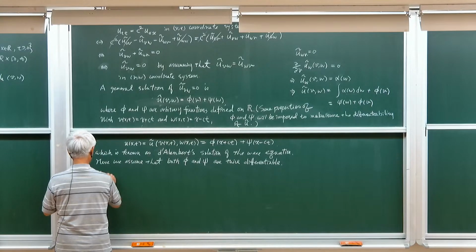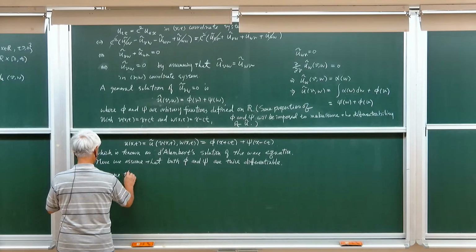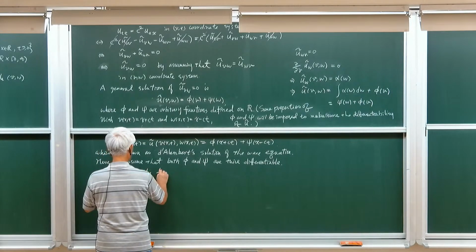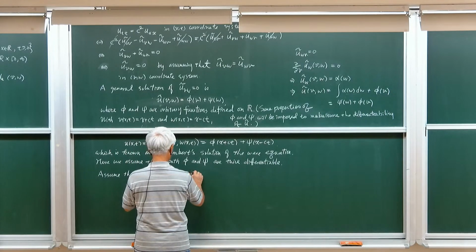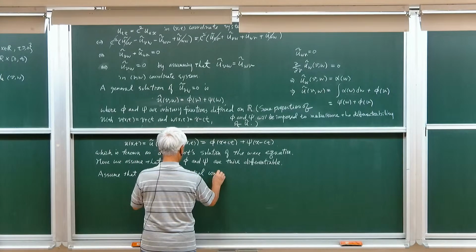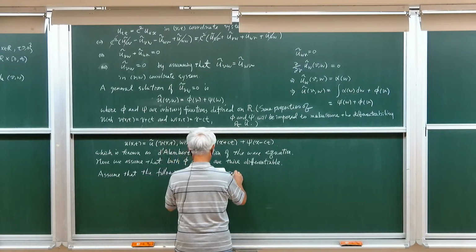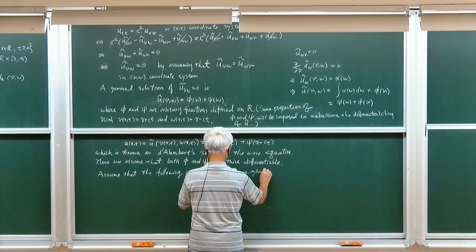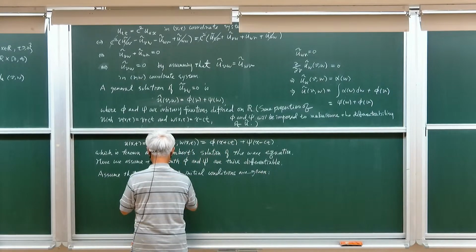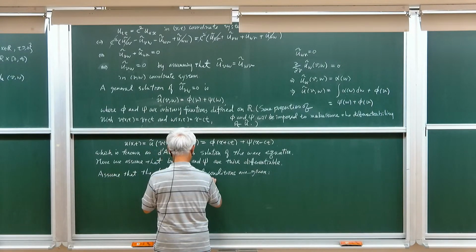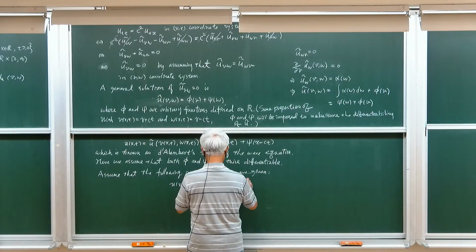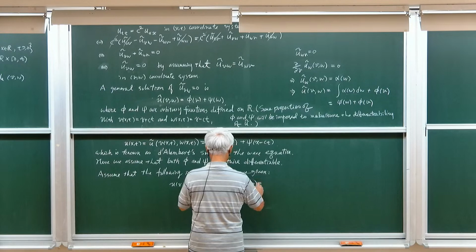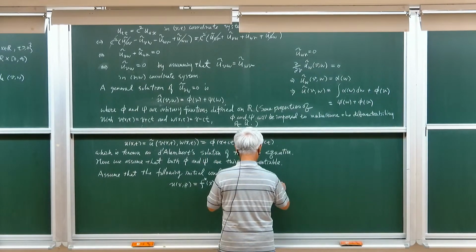Now assume that the following initial conditions are given. So we want u(x,0) is equal to, we say, f star of x, and the initial velocity is g star of x, right?